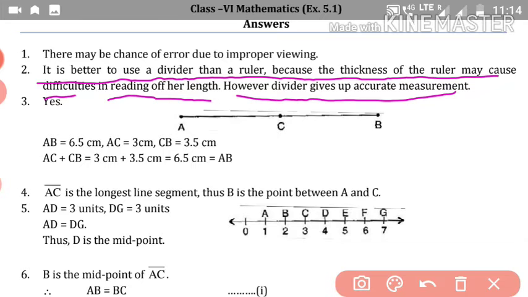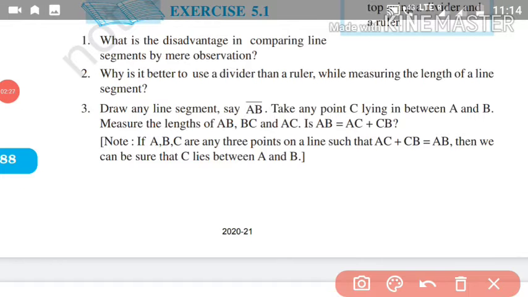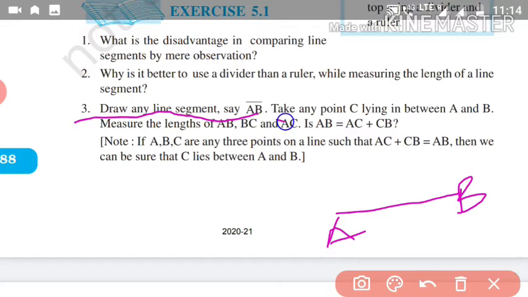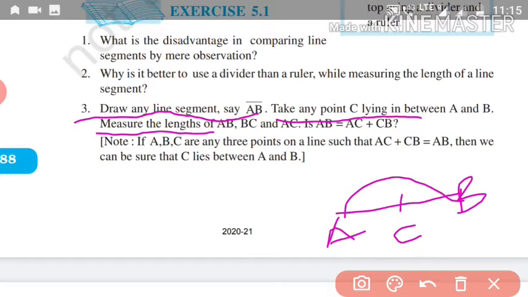Now come to the next question, question number 3. Draw any line segment, say AB. Okay, you have to draw any line segment AB. Take any point C between A and B. Now suppose this is C. Measure the length of AB, okay, you have to measure the length of AB and BC, and also we have to measure BC and again AC.